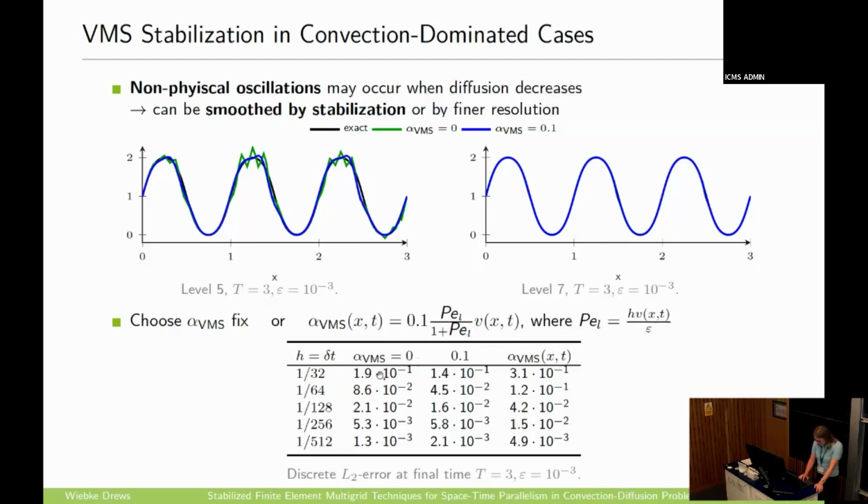If we look at the error, we could even do better with stabilization, but if we have a fine resolution, then we are a little off here, but we assume that this is okay.